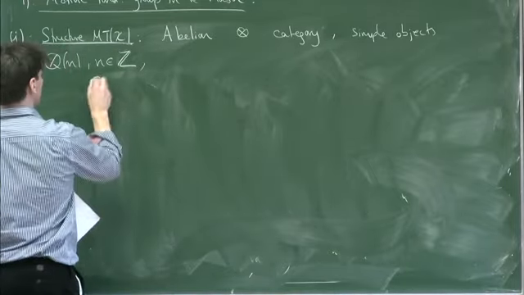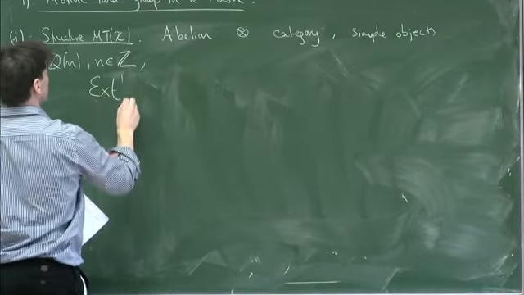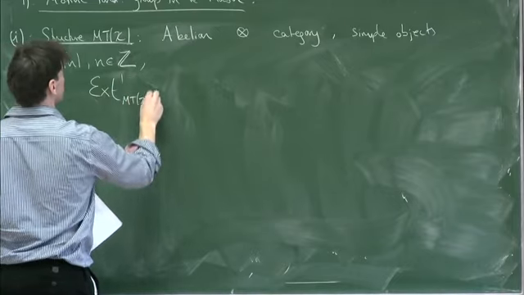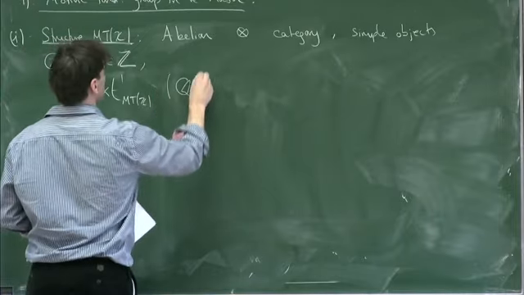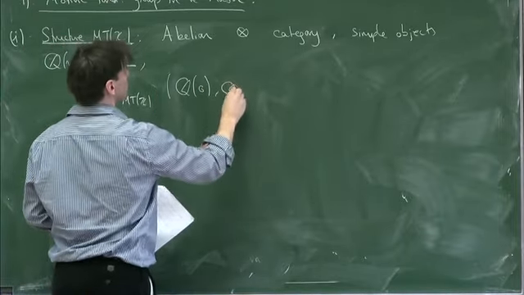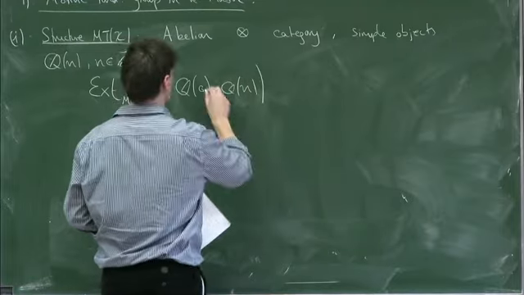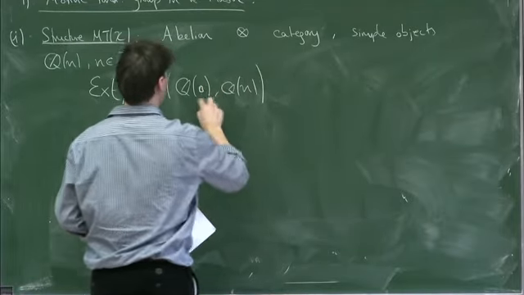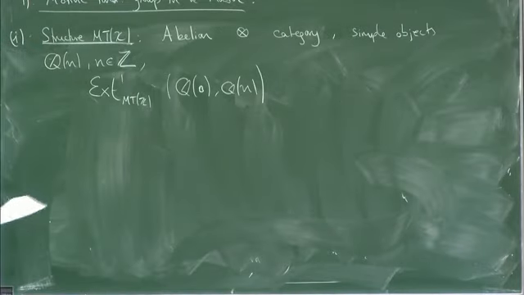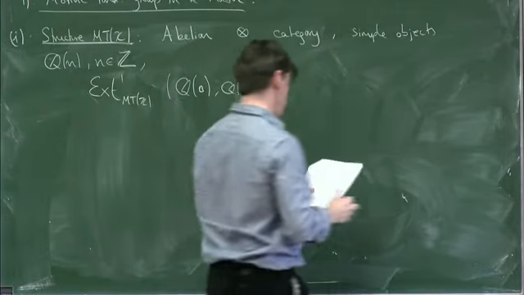And what else do we know? We know that the Ext^1 groups in this category of two such simple objects. I could write m and n, but it's enough to just consider 0 and n by Tate twisting.